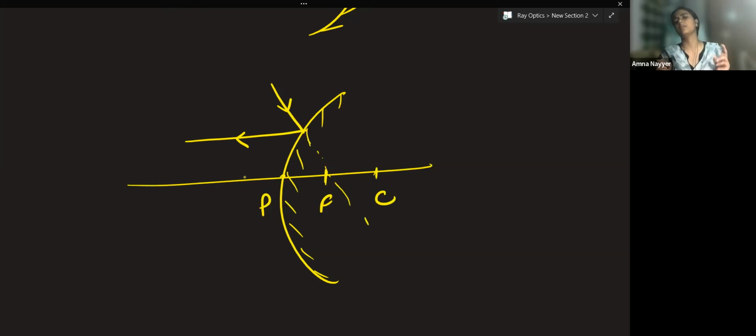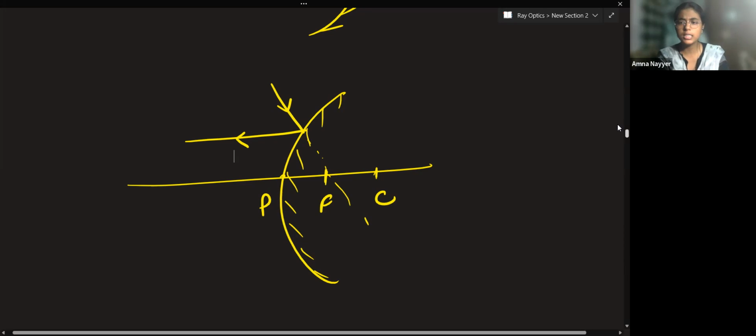For convex also the same. So both the points are the same: parallel ray through the focus, and a ray through the focus becoming parallel. Now the difference is if it is parallel, then it will pass through the focus. Opposite, if it passes through the focus, it will be parallel. Two laws done. The third law is also very easy, but a very important law.